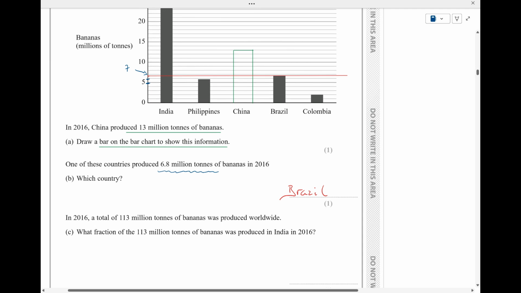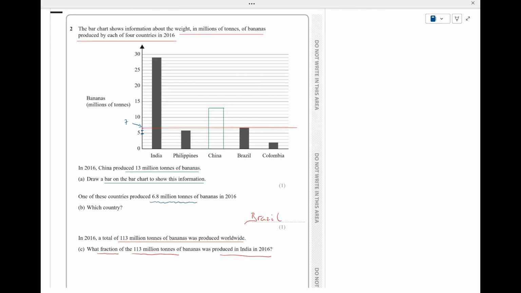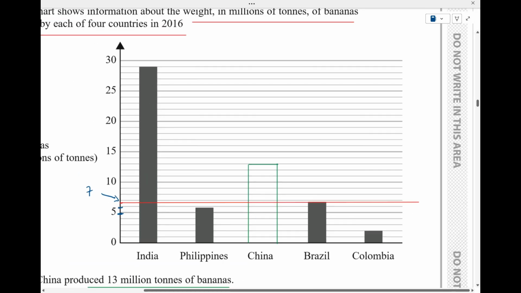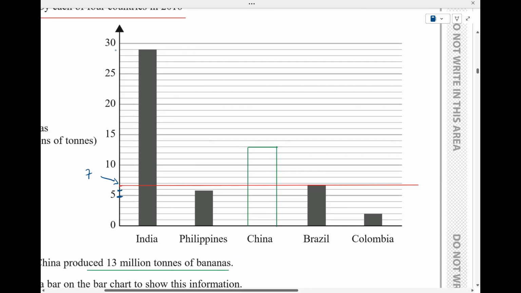In 2016, a total of 113 million tons of bananas was produced worldwide. What fraction of the 113 million tons was produced by India? Well, how much did India produce? Oh, look, here we go. India produced 29 million tons.